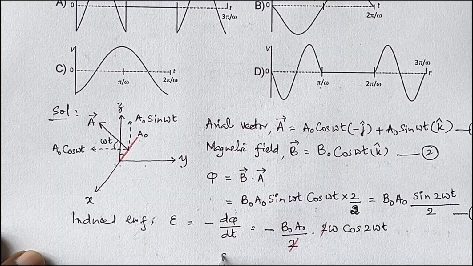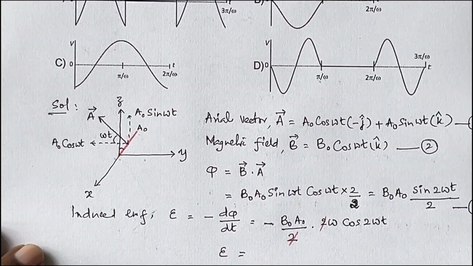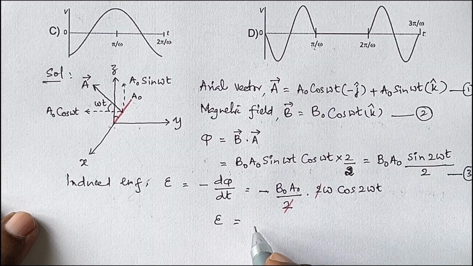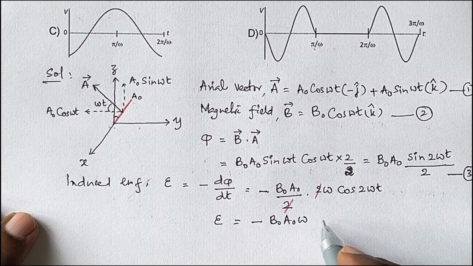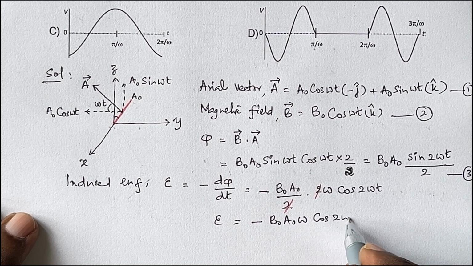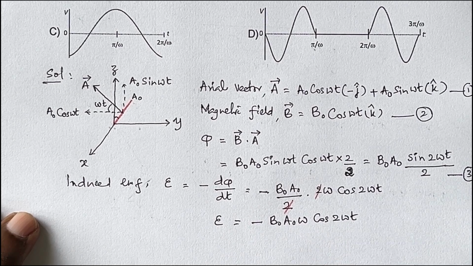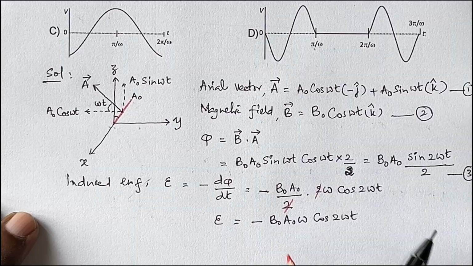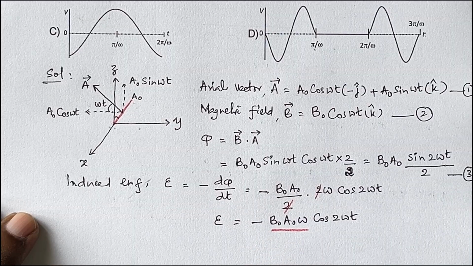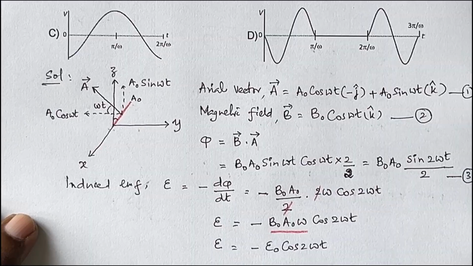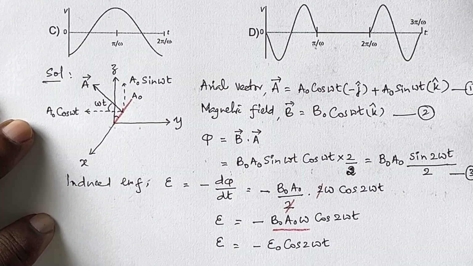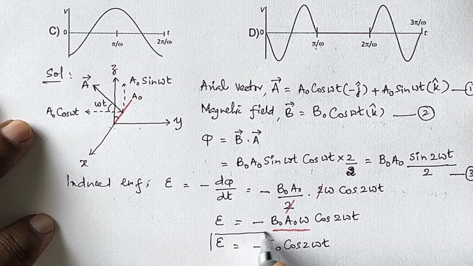So our induced EMF value came as minus B naught A naught omega cos 2 omega t. So this whole term, I can write as the maximum EMF. So E is equal to minus E naught cos 2 omega t. So this is our EMF equation.